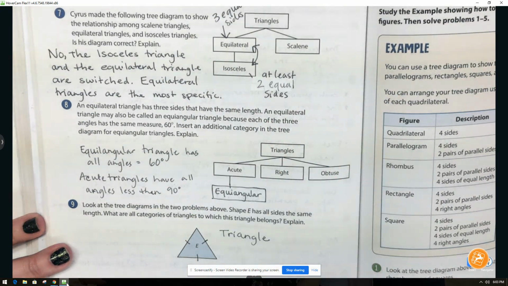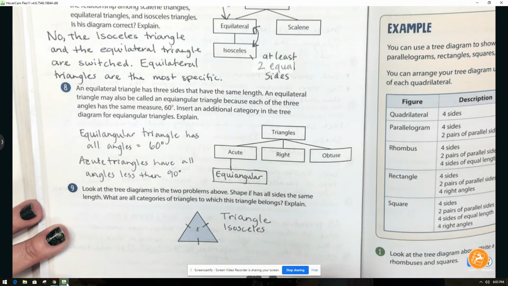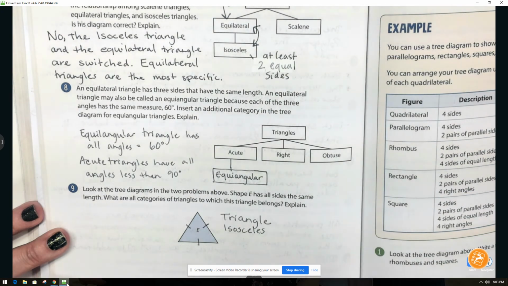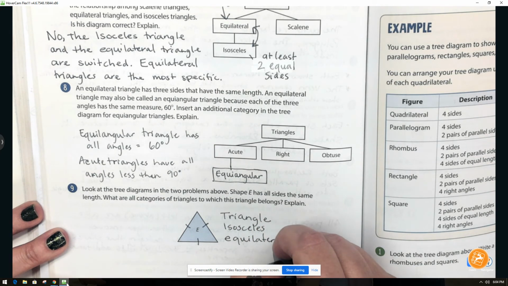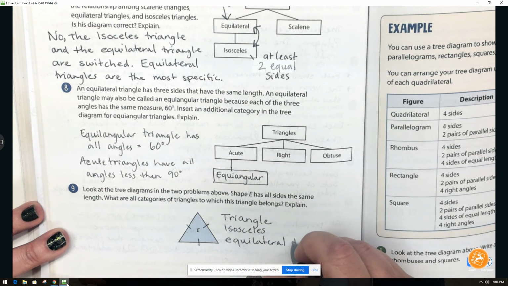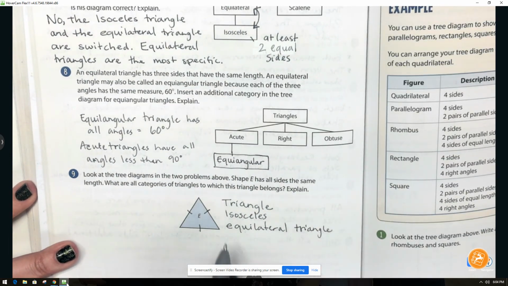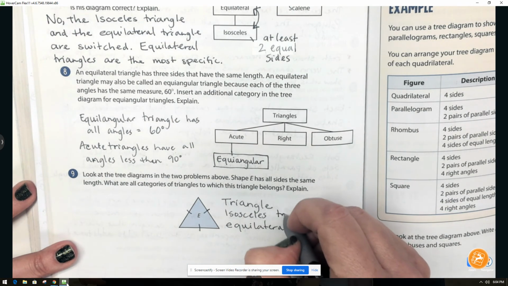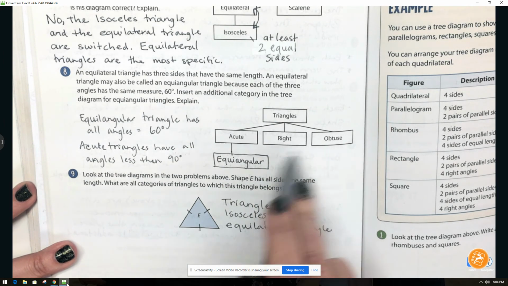Can it be an isosceles triangle? An isosceles triangle has at least two equal sides. Yes, it can. So it can be isosceles. Can it be an equilateral? Oh, definitely, because we know that all the sides are the same length. So it can be an equilateral. All right. Can it be an acute, a right, or an obtuse?